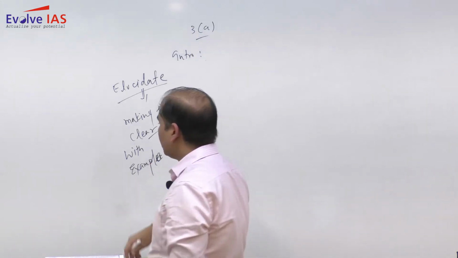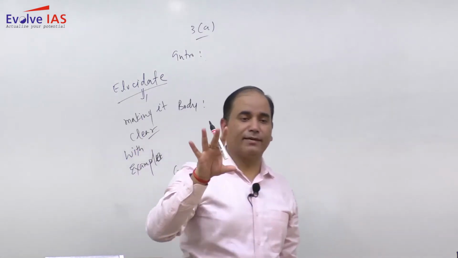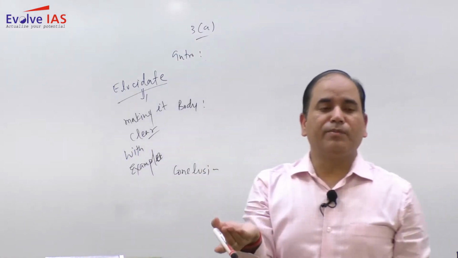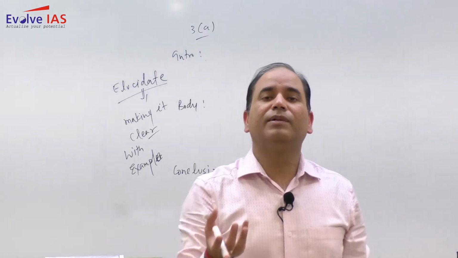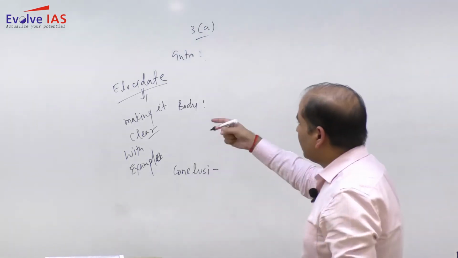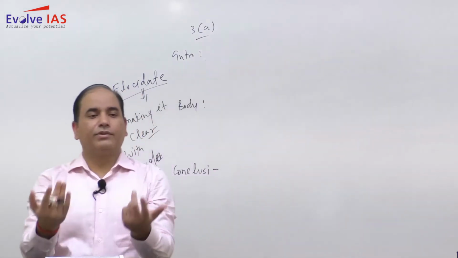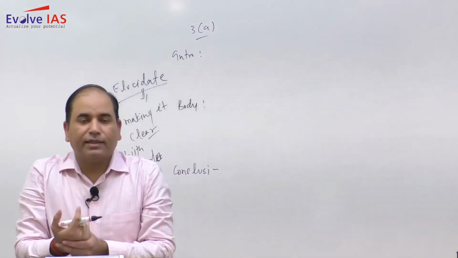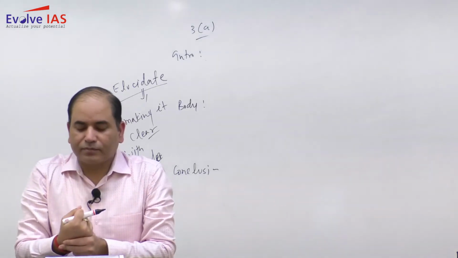So wherever you are asked elucidate, you need to understand that you need to write the example. UPSC is making your job a little bit easier by writing elucidate with example. So the examiner himself is telling you to elucidate, make it clear, but along with that also give an example. The example is very important.